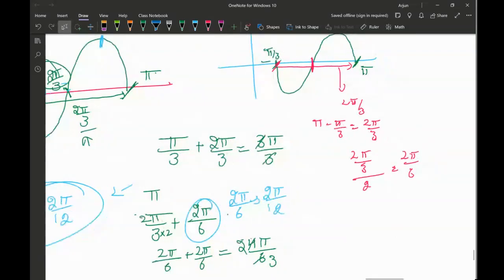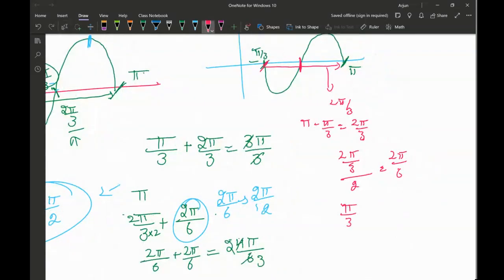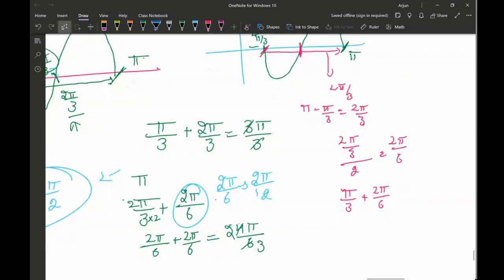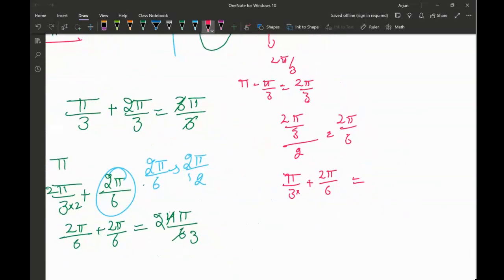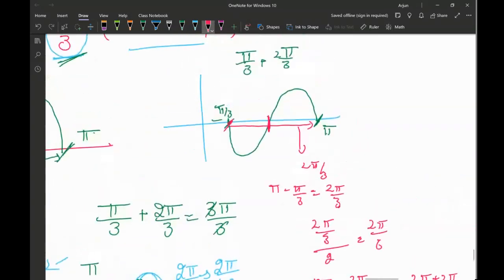So that will be pi over 3 plus 2 pi over 6. You're gonna add this to the term. If you multiply this with 2, that's going to give you 2 pi plus 2 pi over 6, which is 4 pi over 6. Ironically, it came out to be 2 pi over 3. So the midpoint comes out to be 2 pi over 3.